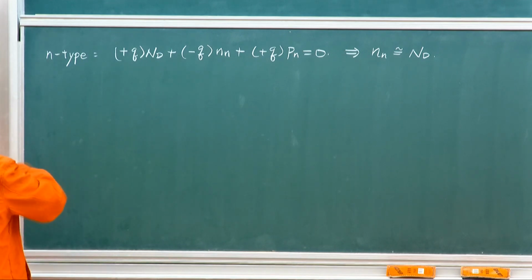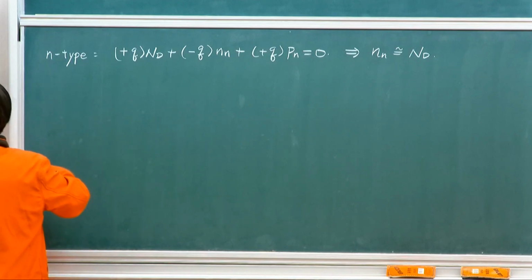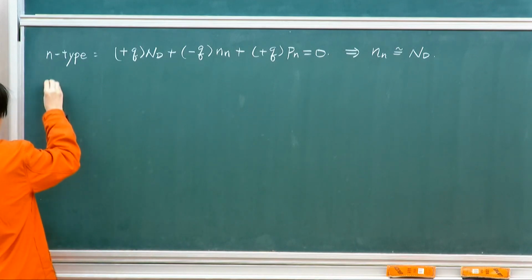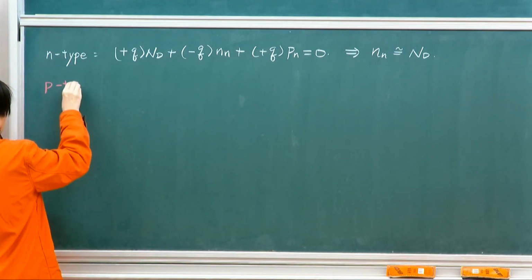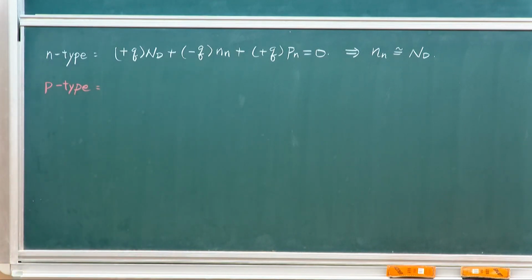So for p-type, it's the same, just a different type. Let me write it down here. You have boron, and then silicon, silicon, silicon.